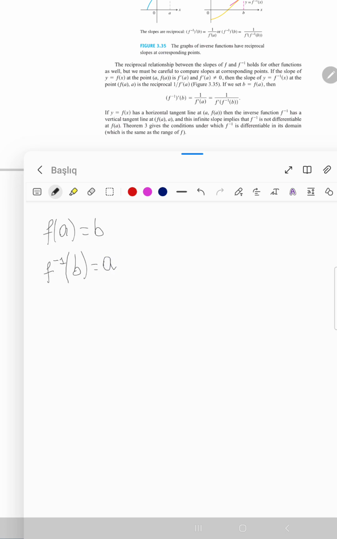It's obvious, of course, because the domain of the main function is the range of the inverse function. We knew that.